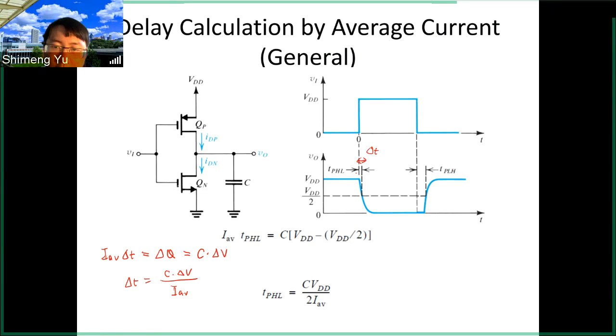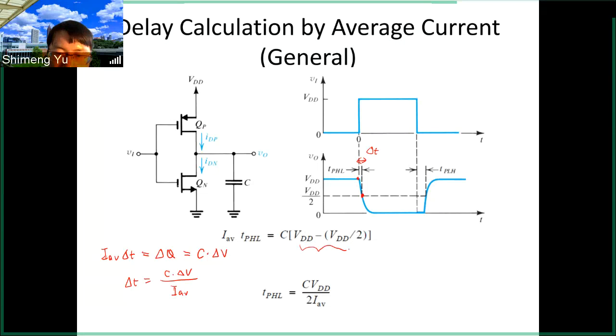If you follow the same principle, I average multiplied by the TPHL will be the charge changed in this process, that is C times the voltage change. Initially the voltage is VDD, finally the voltage is half VDD.